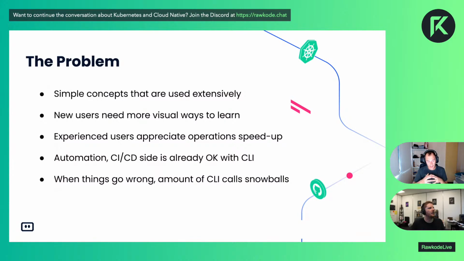The problems that are happening with Helm, in my opinion, all originate from simple concepts that are used in really extensive fashion. In Helm, you have really small amount of concepts. A release, a revision of that release, manifests, values, everything is quite simple.